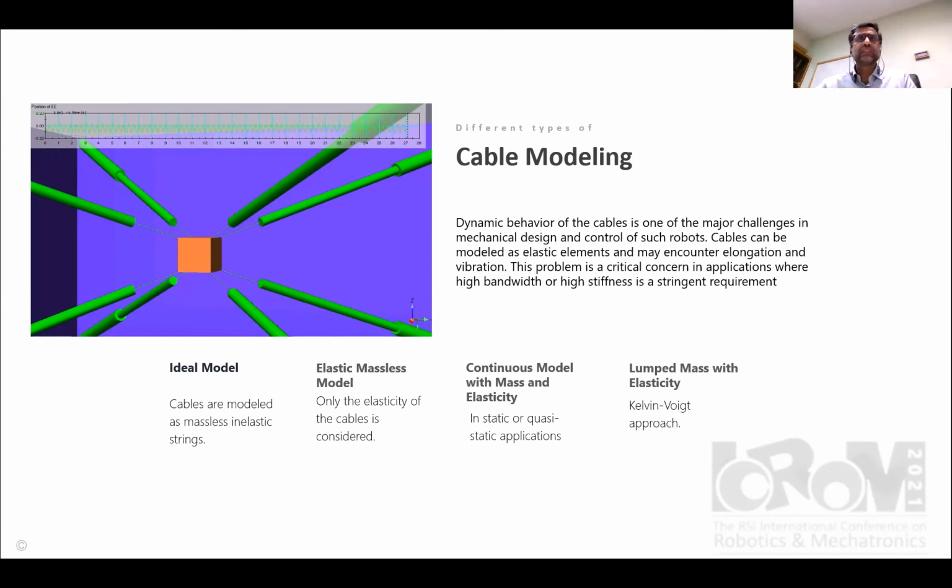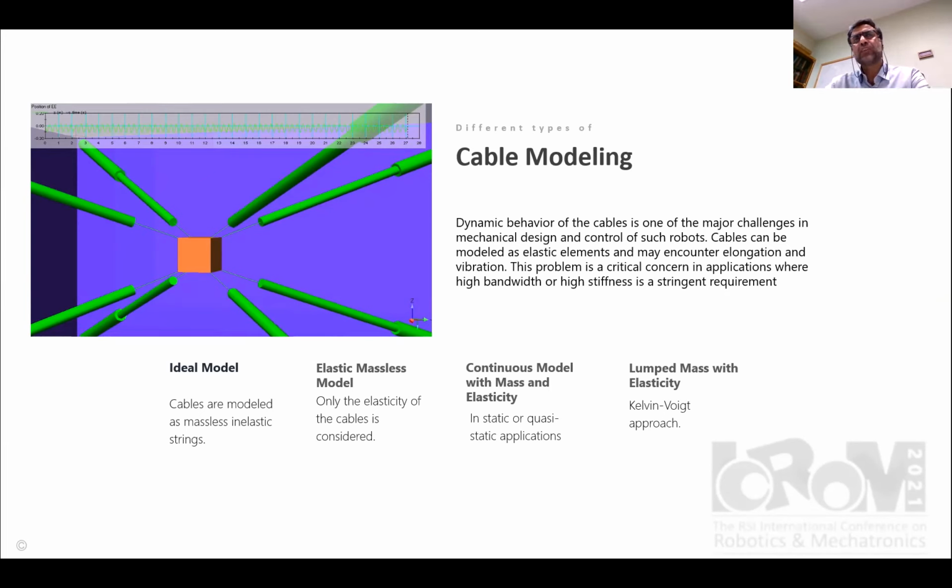Based on this fact, different types of cable modeling have been used in the literature. The simplest one is the ideal model. In this model, cables are modeled as massless inelastic strings. This model has been widely used in the literature, especially in control.